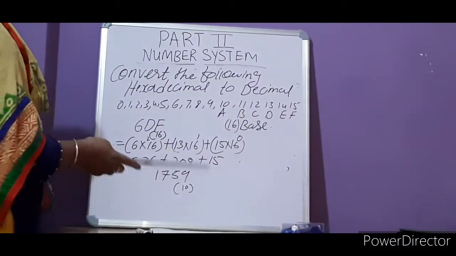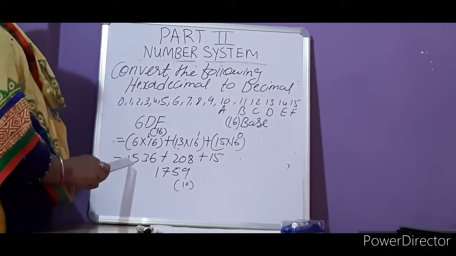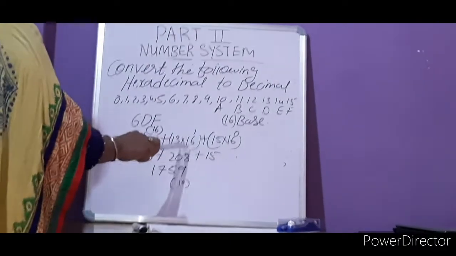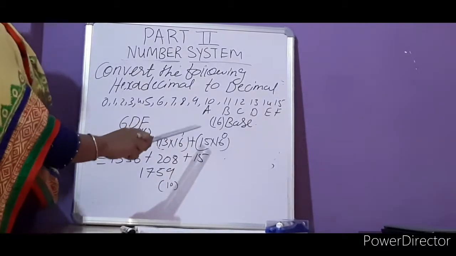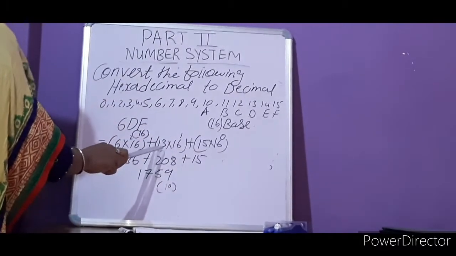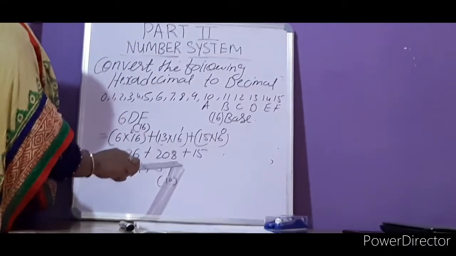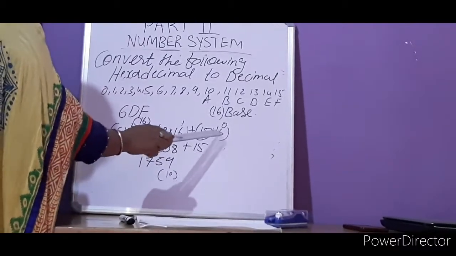Then 256 into 6 when you do, this answer comes, that is 1536. Plus 13 into 16 is there, raised to power 1. So 16 ones are 16, 16 into 13 comes 208. Then plus here 15 into 16 is there.